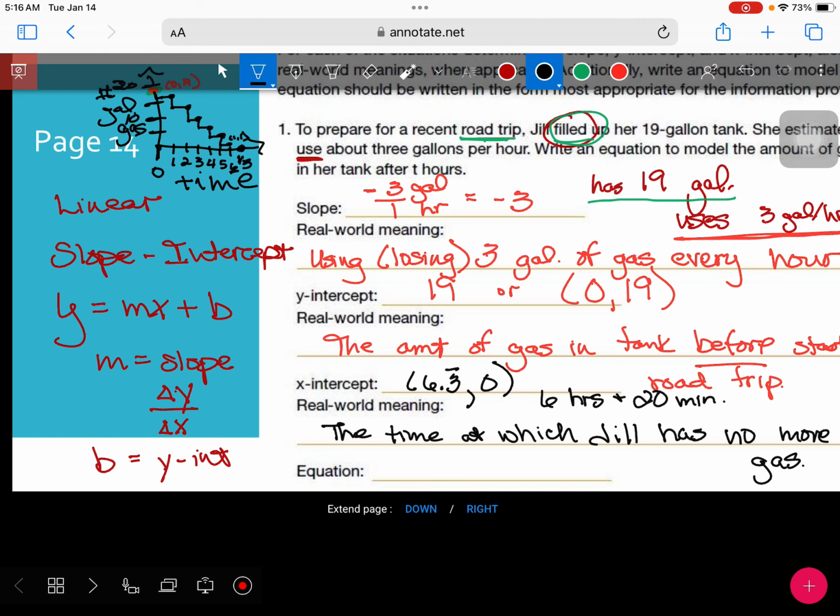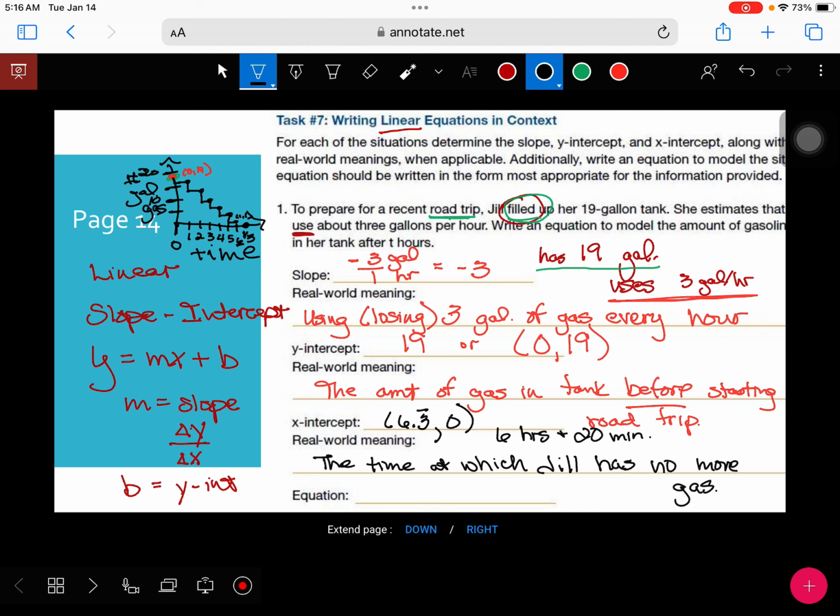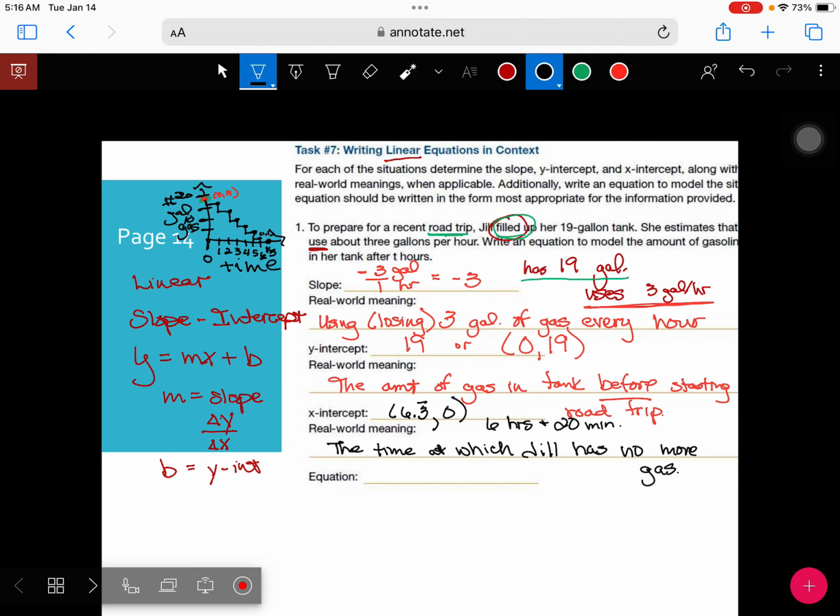And real world meaning, another way to say it, is that it will take 6.33 hours before her gallons of gasoline are used up. So the equation that we're looking at, I think it said, write an equation to model the situation, that should be written in the form most appropriate for the information given.